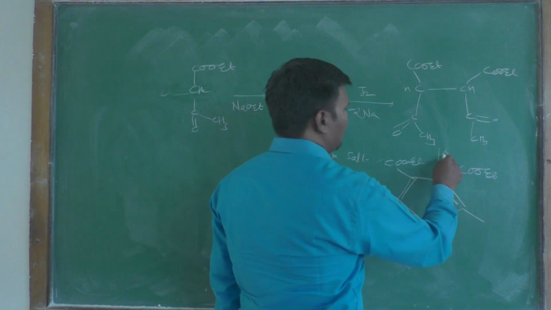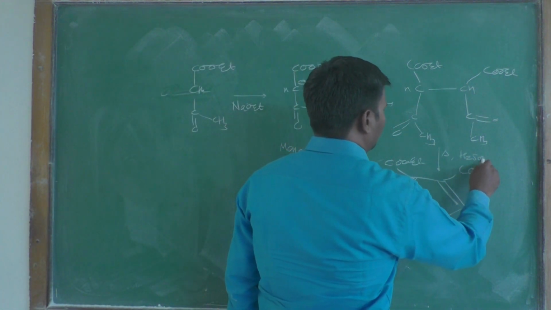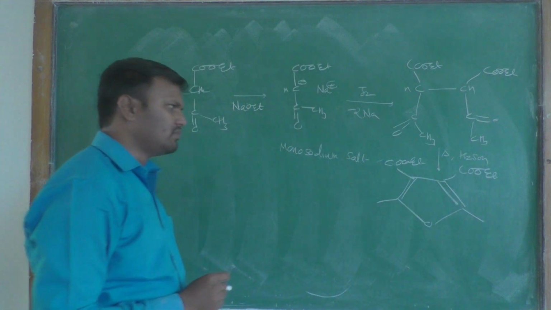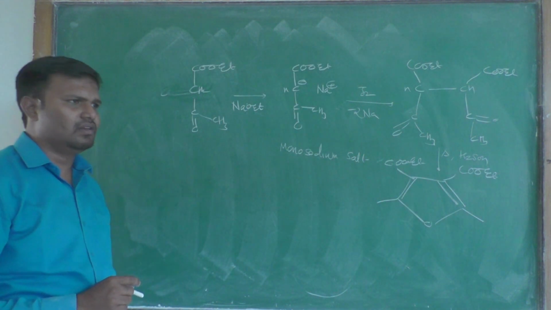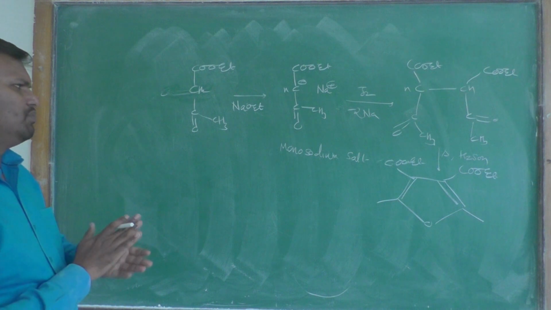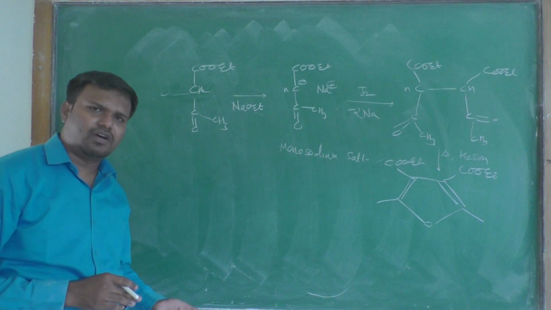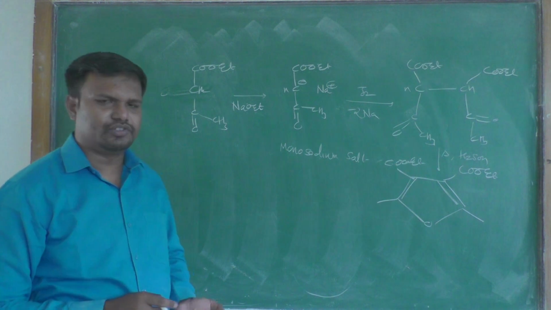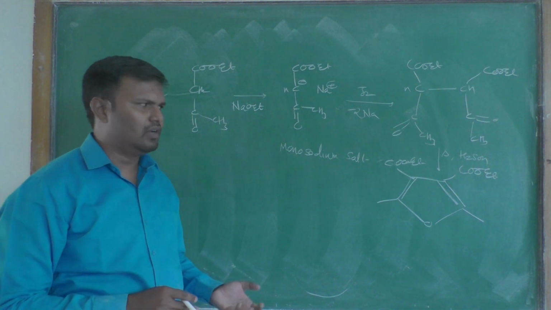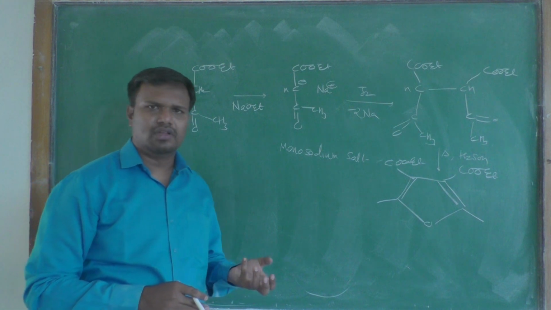Okay, heating and acid is also used. Like that we will produce the furan by some methods. By using these methods you can produce the furan. Okay, this is all about the synthesis of furan. I hope you will get all this idea. Thank you very much.